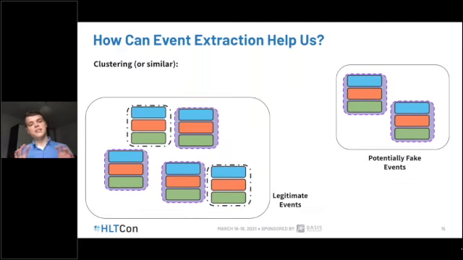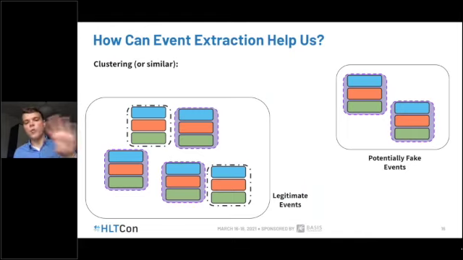Well, since everything is nice and structured, we can actually compare different events to one another and cluster them together. And we end up with something like this, where you have events which are legitimate, and you have things that people who have shared those events on social media shared appearing very close to those legitimate events.